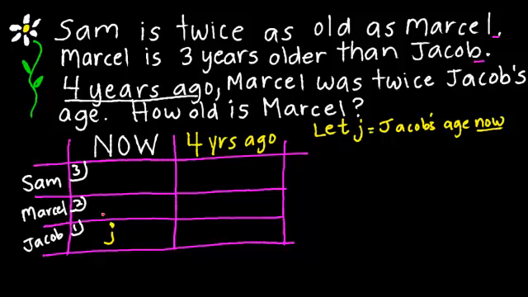Reading the problem, we see that Marcel is 3 years older than Jacob, which means J plus 3.